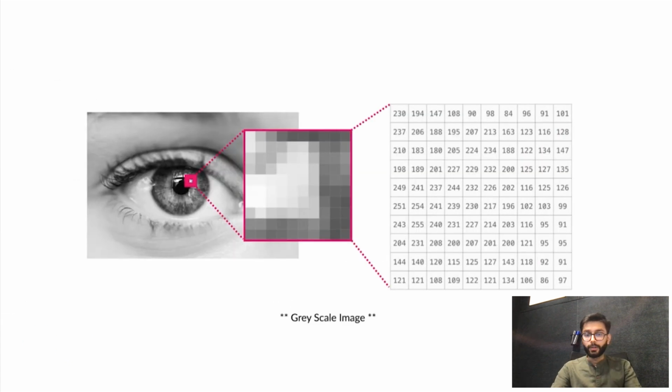Perfect. Let us understand that with this particular image as well. As you can see, we have extracted a matrix out of it. In that matrix, the pixels that are white are really close to 255, and the pixels on the darker shades are close to 0.